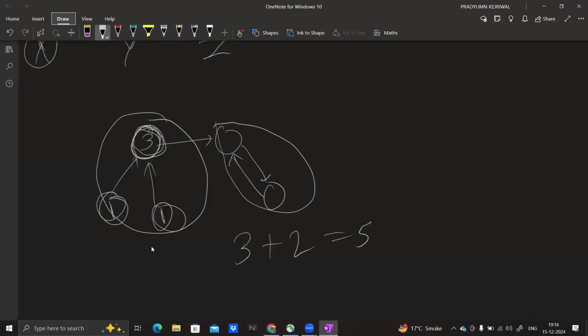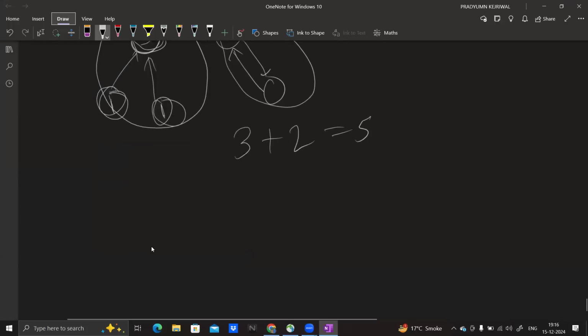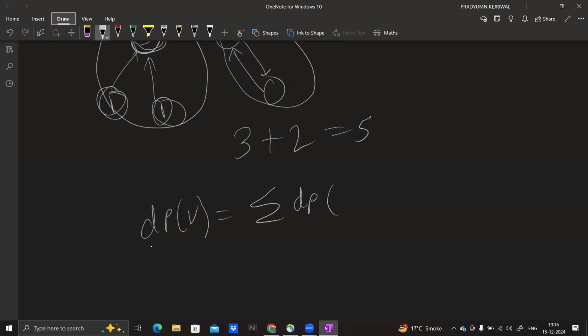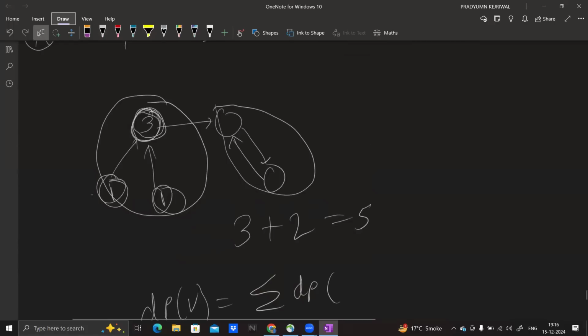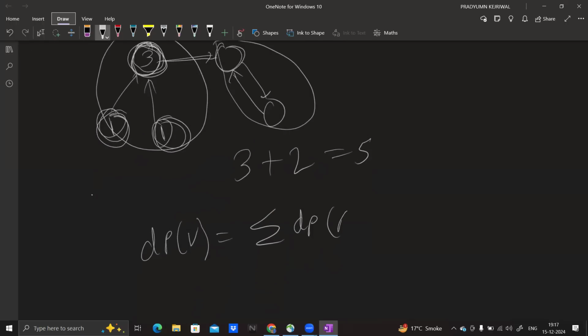So that is the thing. We will have to do dp of v equal to the sum of dp of, actually this is parent, right? When I want to write the dp of this thing, the child is this and the parents are these. So I'll just write dp of parents.